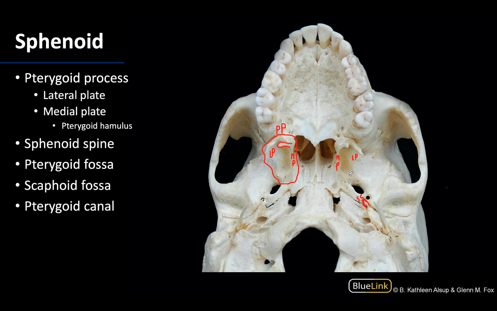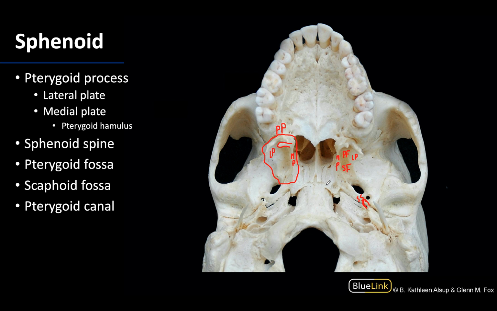The pterygoid fossa is going to be the more inferior of the two. So I'm going to label this region right here. Remember that we're looking at an inferior view here. And the scaphoid fossa is going to be the more superior or more closely related to the base of the cranium.